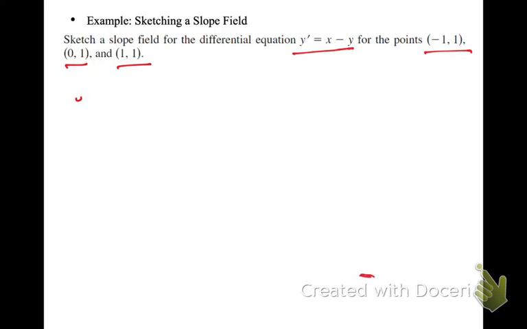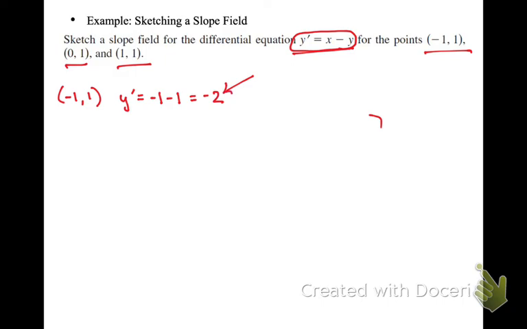Okay, so for my first slope, let me write my point so we know. My point is negative 1, 1. I'm plugging it into my general solution to get my slope. So at negative 1, 1, y prime equals x minus y. So it equals what? Negative 2. I know this is hard.